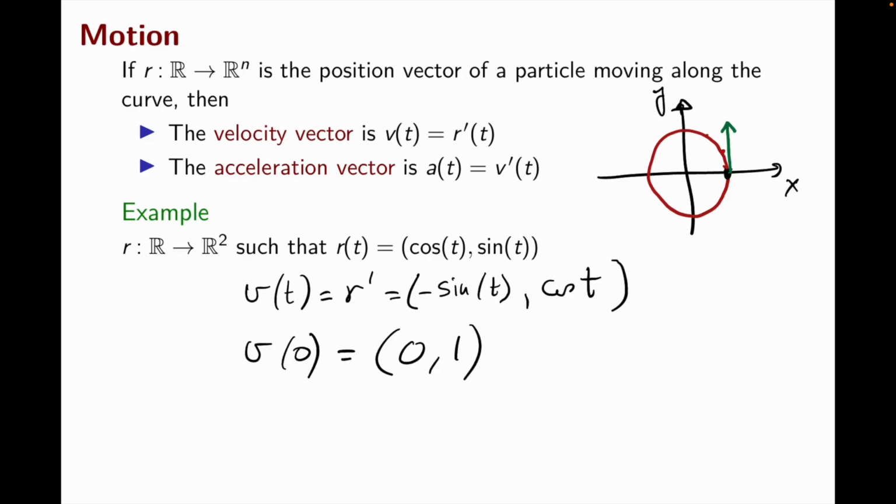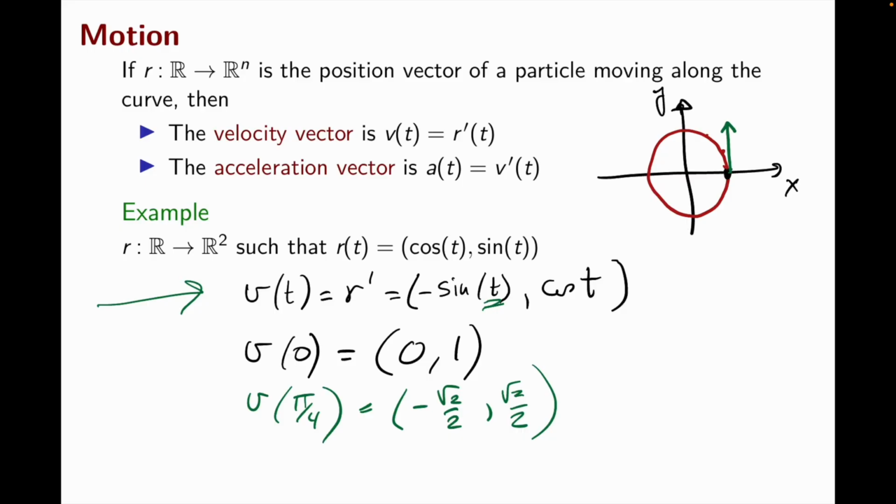And since we have it for every t, we can calculate the velocity vector at any point. So for instance, let's say the velocity vector when t is pi over 4. Let's plug in pi over 4, and we have minus sine of pi over 4. So that will be minus square root of 2 over 2, comma cosine of pi over 4, which is square root of 2 over 2.